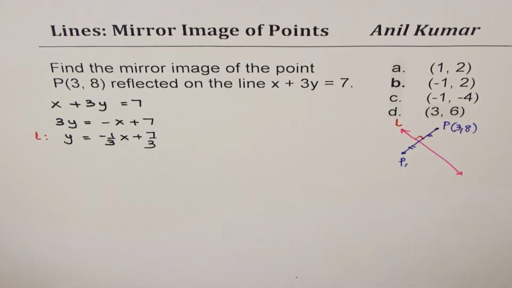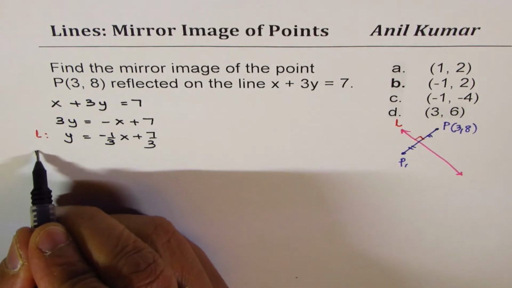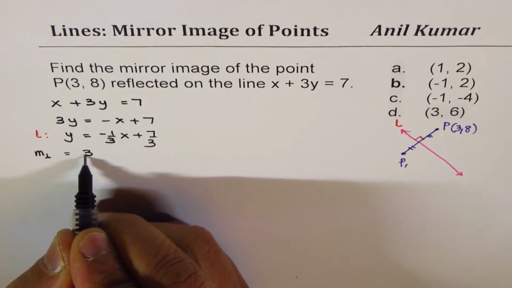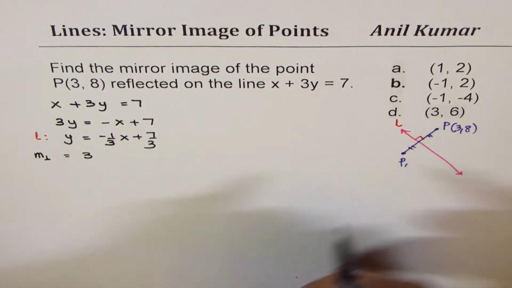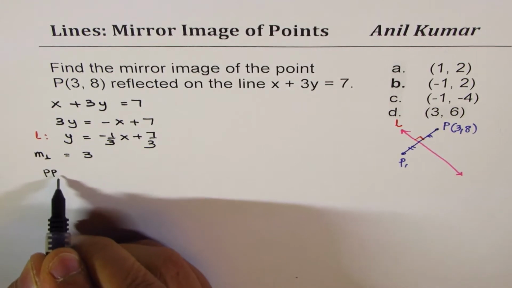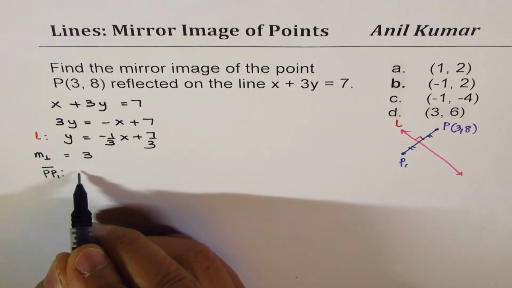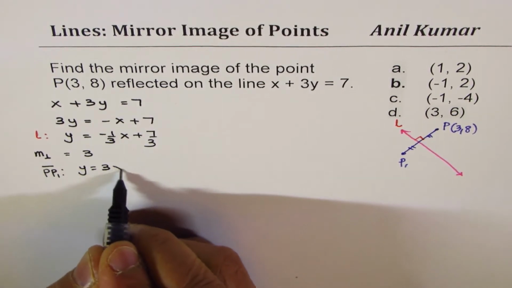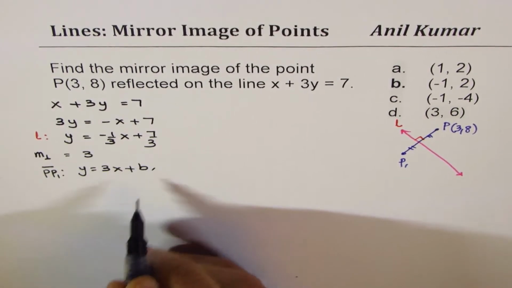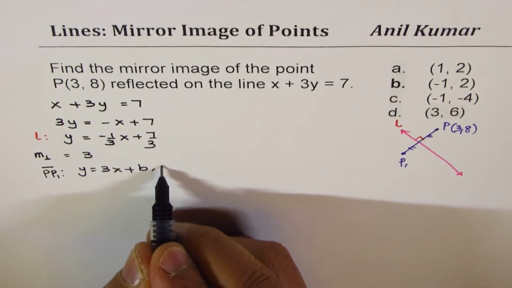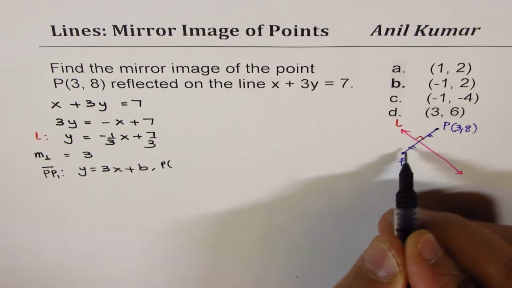So if the line is perpendicular, what is the slope? The slope of the perpendicular line will be the negative reciprocal, which is 3. So I can write the equation of that line as y equals 3x plus b. To find the value of b, I can place (3, 8), since we know point P is on this line.